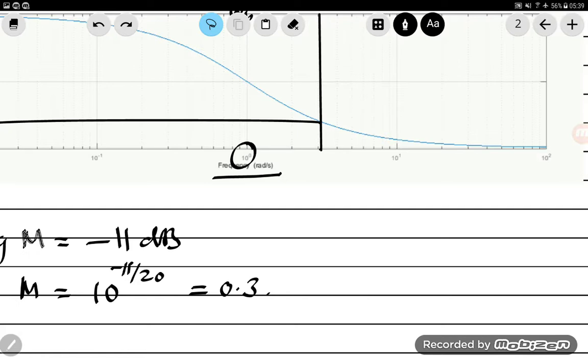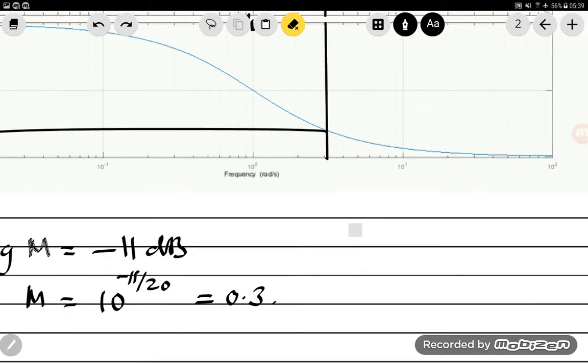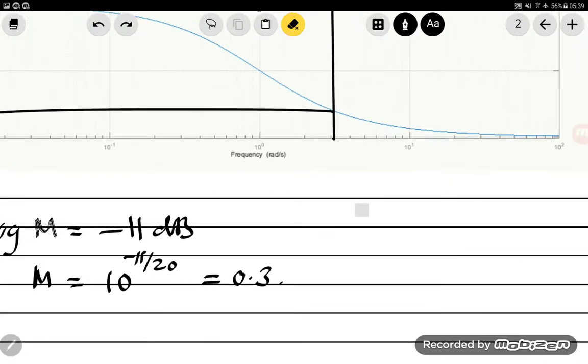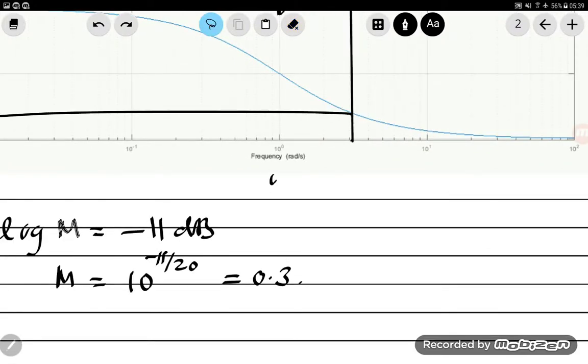So just to avoid confusion, I won't write log omega, I will just write omega for the frequency axis, and I'll give the units radians per second. But just remember that omega is plotted on a logarithmic axis.